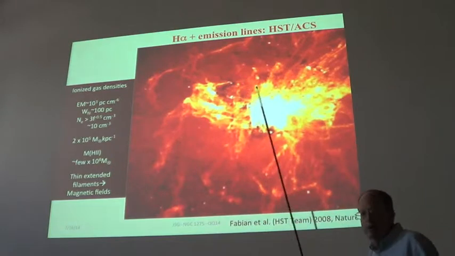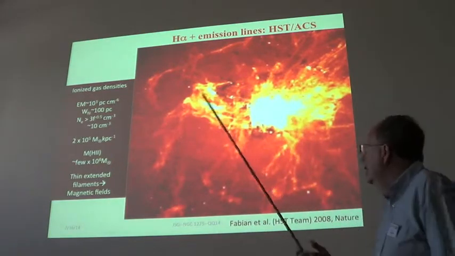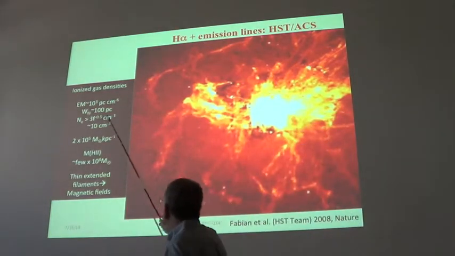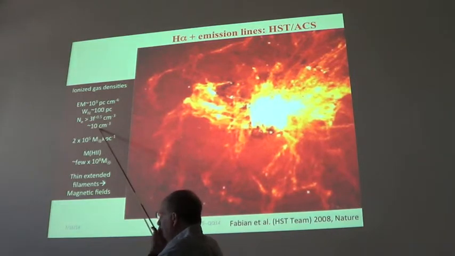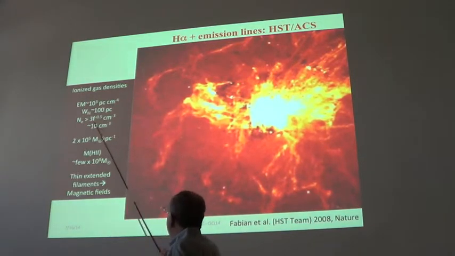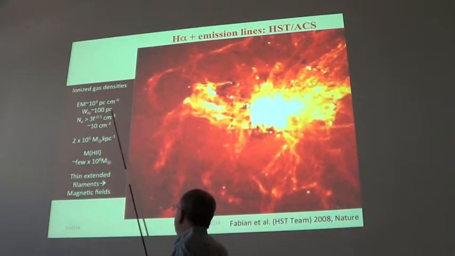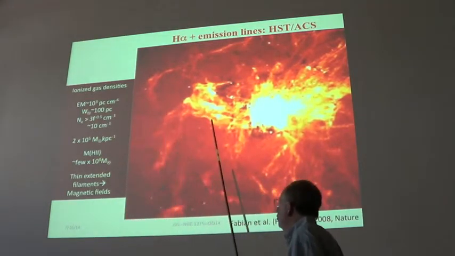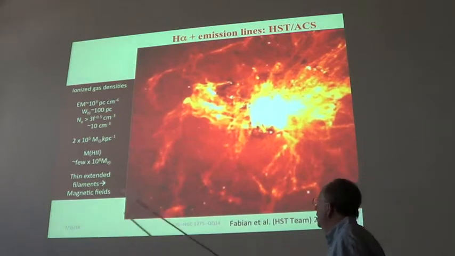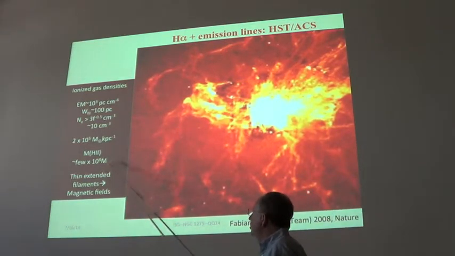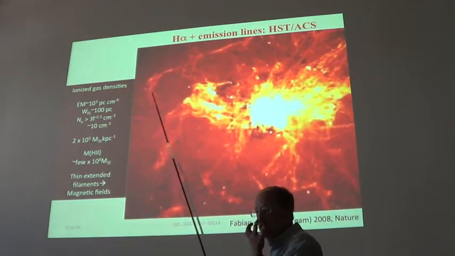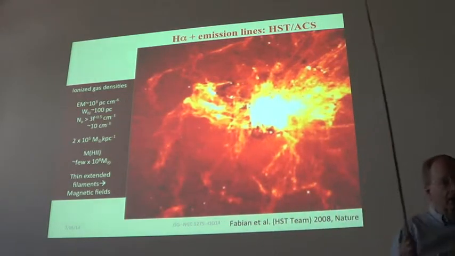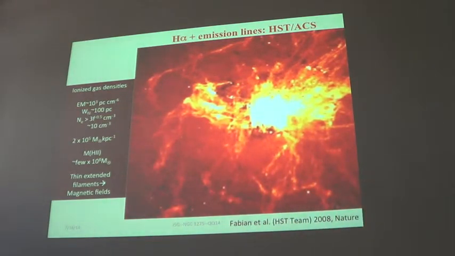So you can do an optical analysis, where you work out the emission measure and the width, and you get a mean density of order 10 to the 5th if they were at a temperature of around 10 to the 4th degrees. So the mass in H2 is only of the order of a few times 10 to the 8th solar masses. So it's a few percent in ionized gas of the total mass of the intercluster medium in this region.